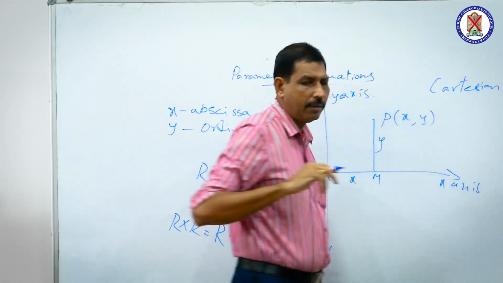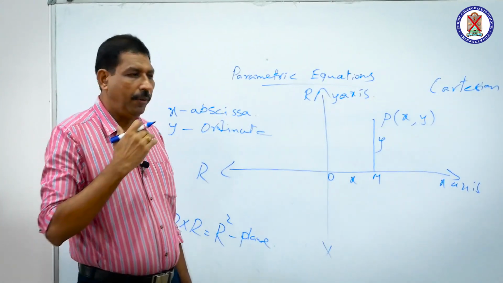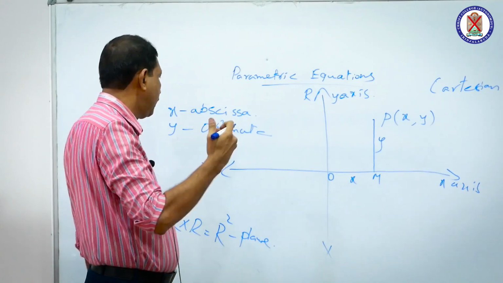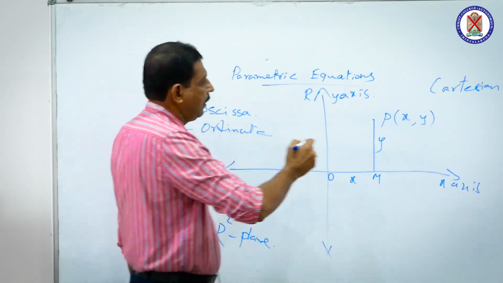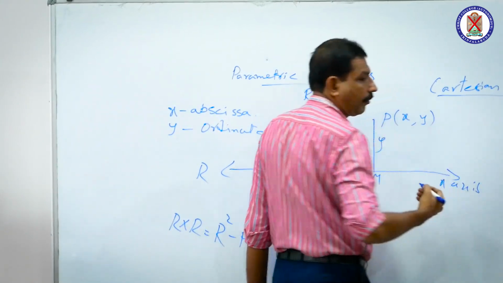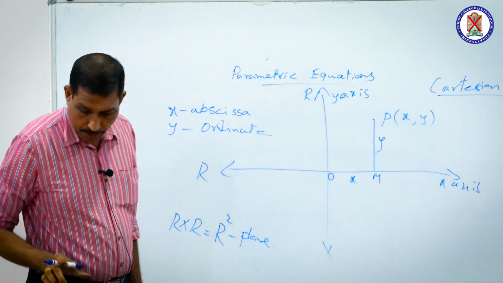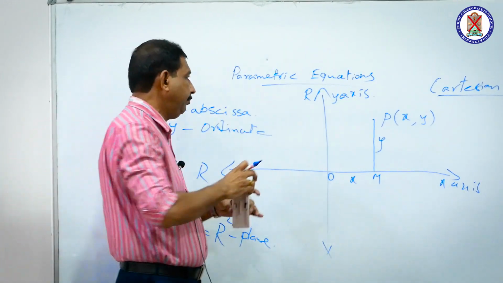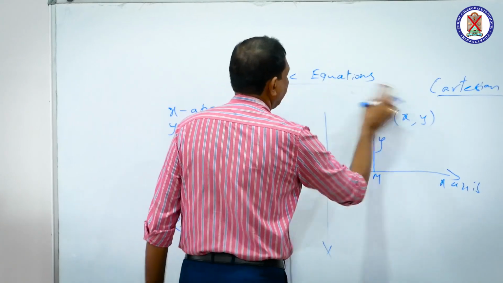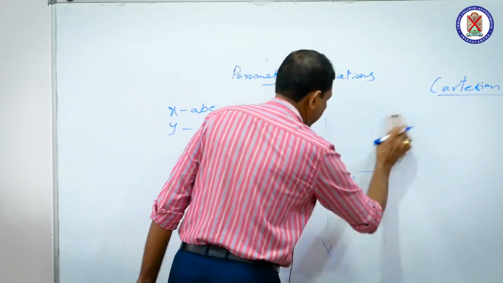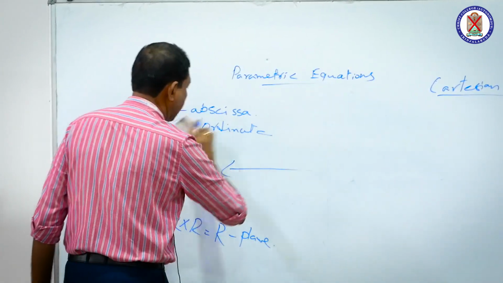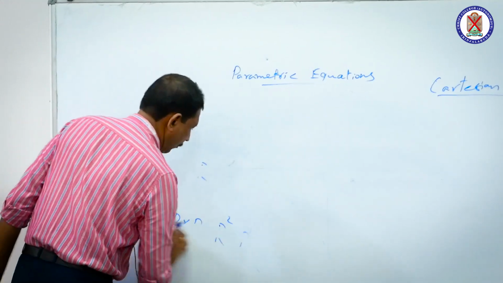Therefore, all these things are familiar to you. We have come across these preliminaries, that is, the Cartesian system. Now, in this Cartesian system, every equation is a relationship between the variables x and y.